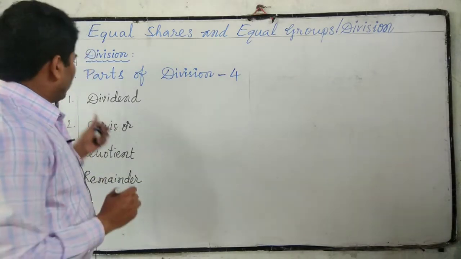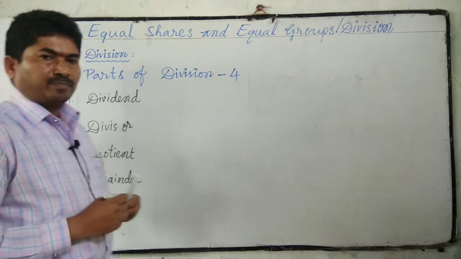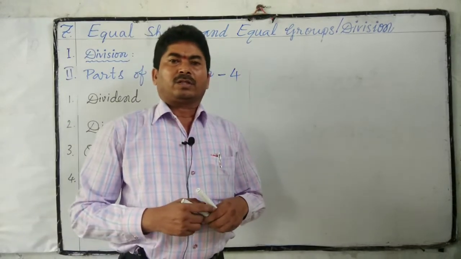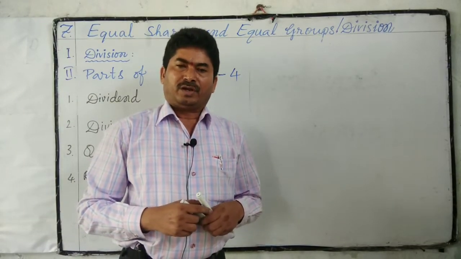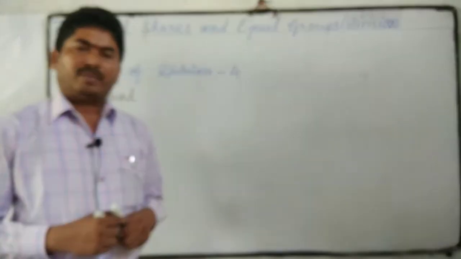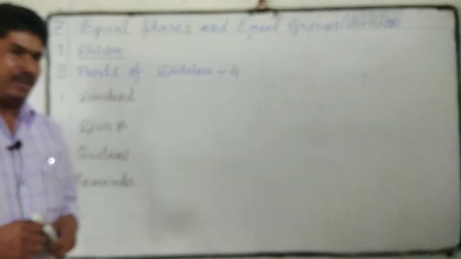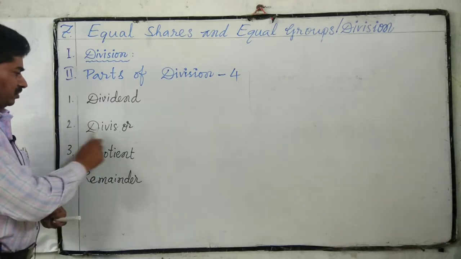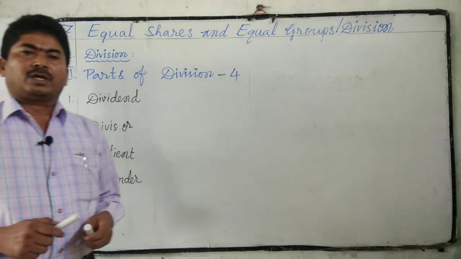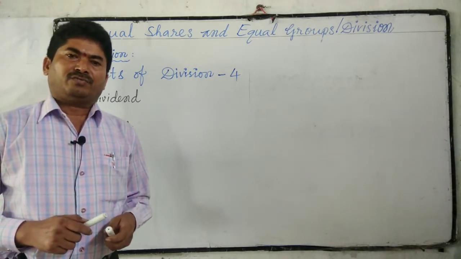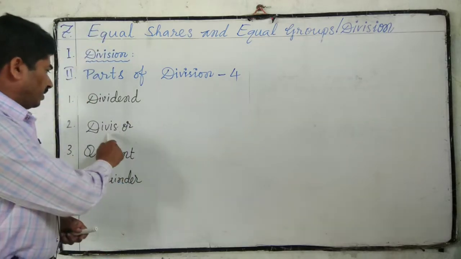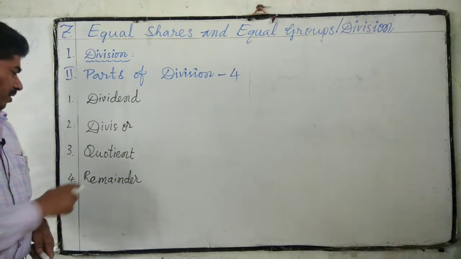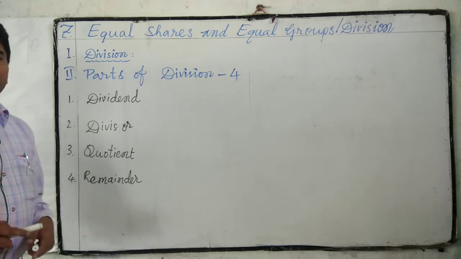Now, what is dividend? The number which we divide, the number which is divided, is called dividend. What is divisor? The number by which we divide is called divisor. Next, quotient.